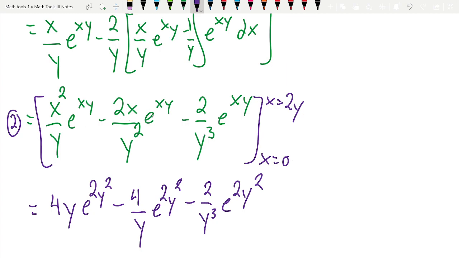These first two terms will just be 0, but this one, we're going to be plugging in a 1 here. It's going to be e to the 0, which is going to be 1 here, and there's no x term to make it 0, right? So minus a negative 2 over y cubed ultimately, so plus 2 over y cubed. And this is going to be the integral of this, of course. Should have had the integral from 0 to 1 of dy on the end here.